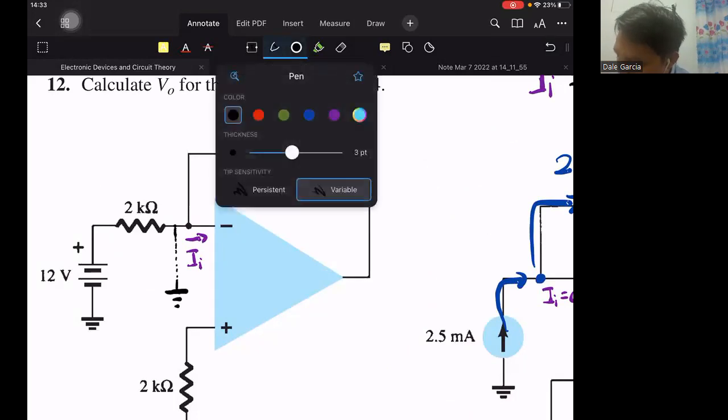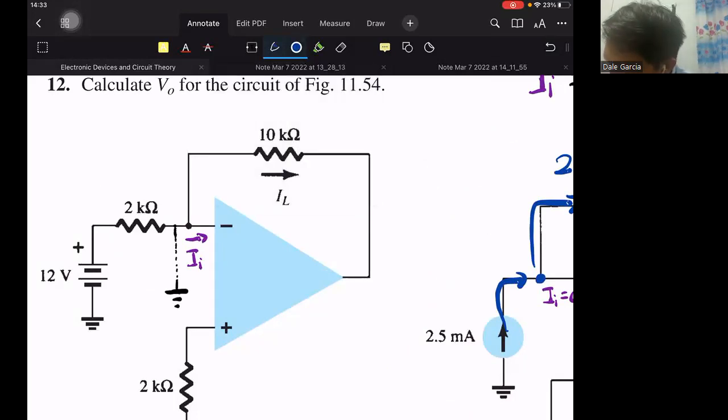In this example, that current, let's label it I_S, is 12 over 2K, equal to 6 milliamperes.